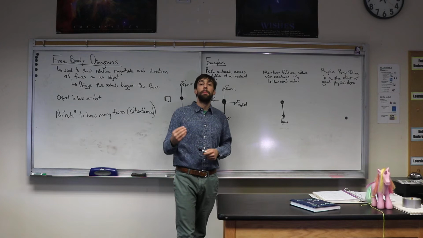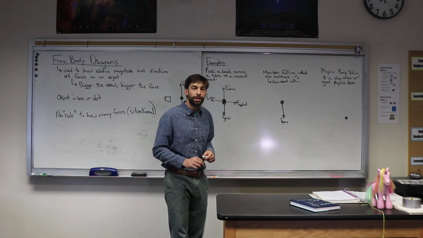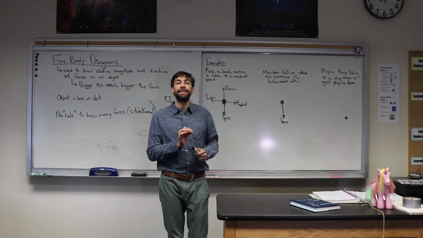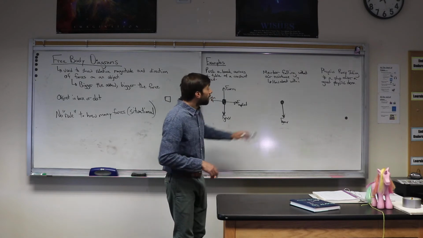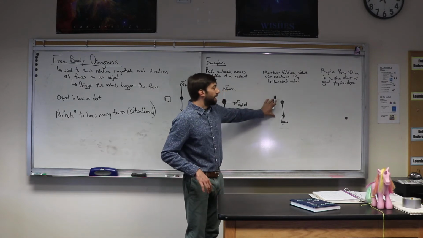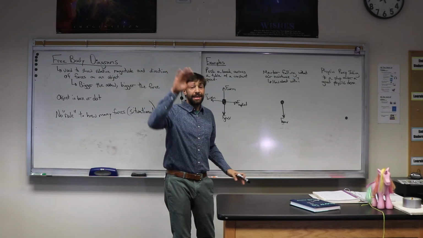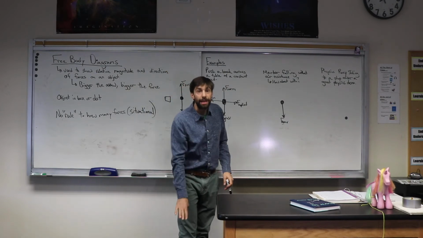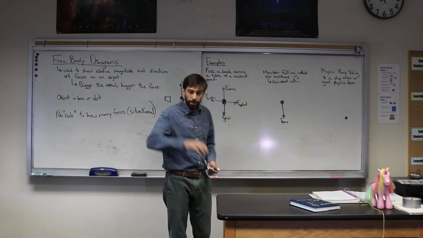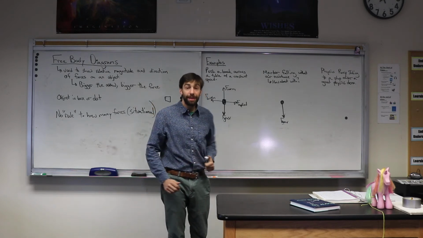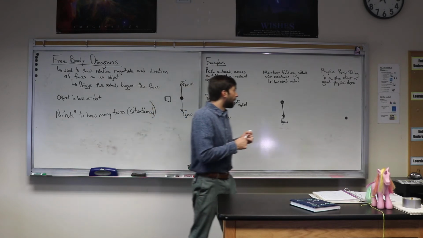If you said smaller than the force of gravity, you're absolutely correct. And let's dig into why that is the case. We know the force of gravity has a longer arrow. We know the marker is accelerating downward, and that, in this case, there's probably a little bit of air resistance.